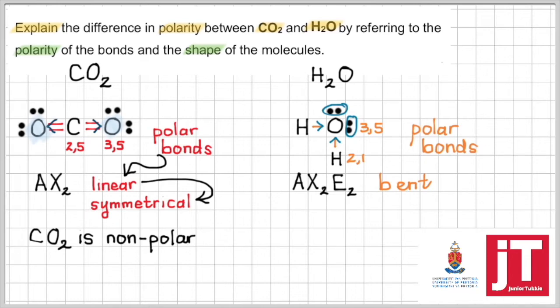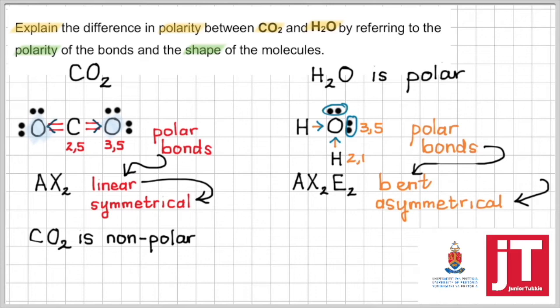And this is information enough to let us know that the water molecule is asymmetrical. Bringing together the fact that the bonds are polar, that the molecule is bent, and that the water molecule is asymmetrical, we can come to the conclusion that the water molecule is a polar molecule.